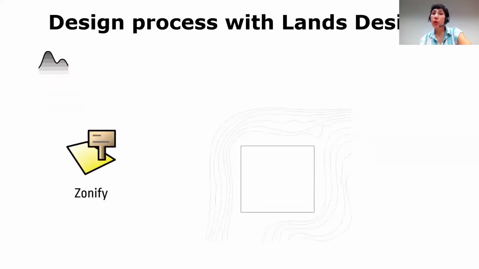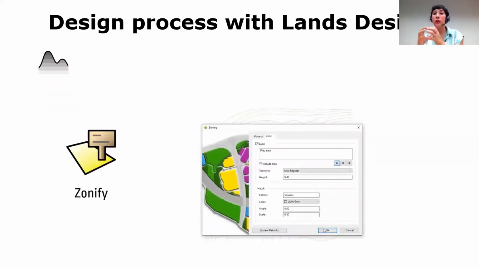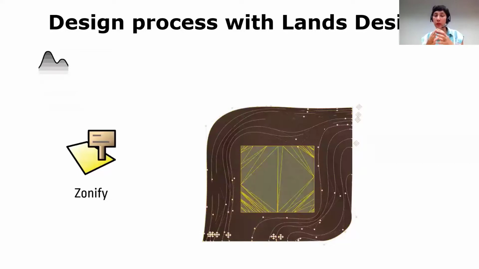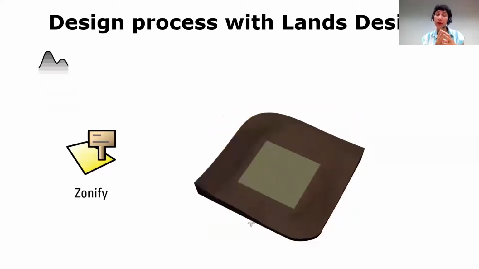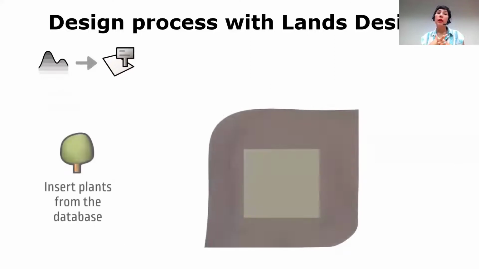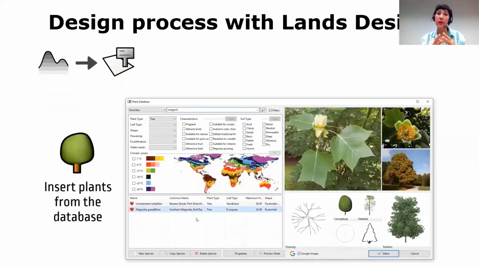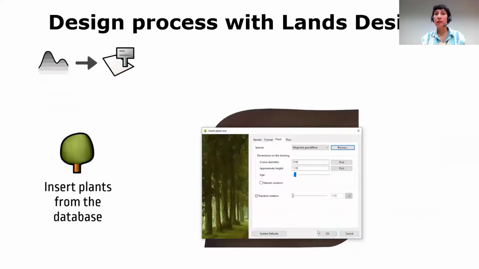Then we can zonify the project in different zones. So we indicate the label of each zone and the material and hatch pattern of each zone. In continuation, we insert vegetation individually, in a row, or in a group of plant species, as you see here.